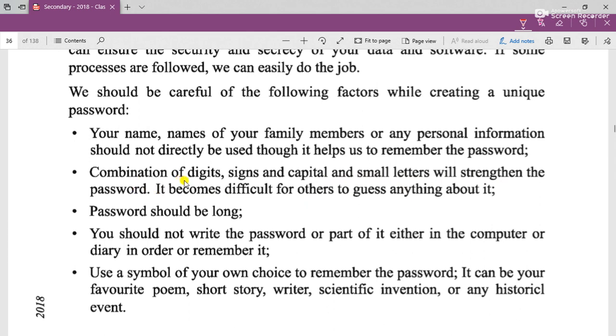That means different types of signs, hashtag, star marks, and capital and small letters will strengthen the password. It becomes difficult for others to guess anything about it.